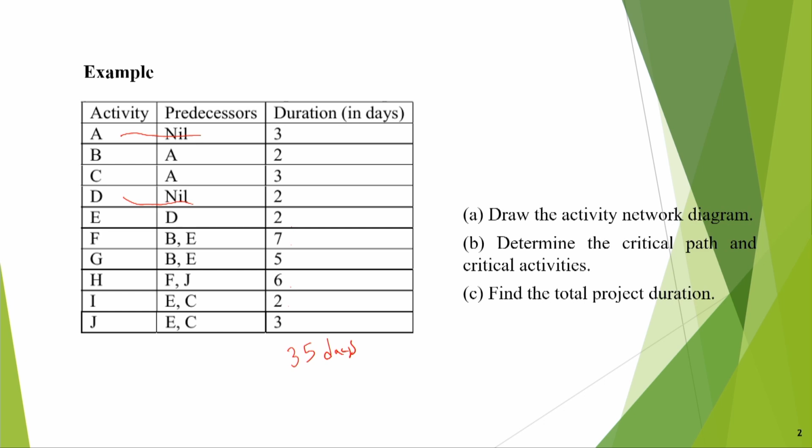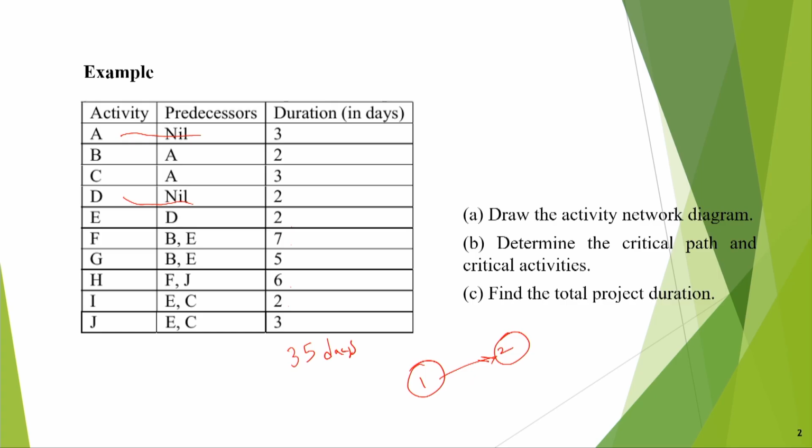But in activity on arrow, there are nodes, suppose node 1 and another node 2, and I may make this arrow. So, this arrow is telling the activity and the nodes are just telling the events. Okay.